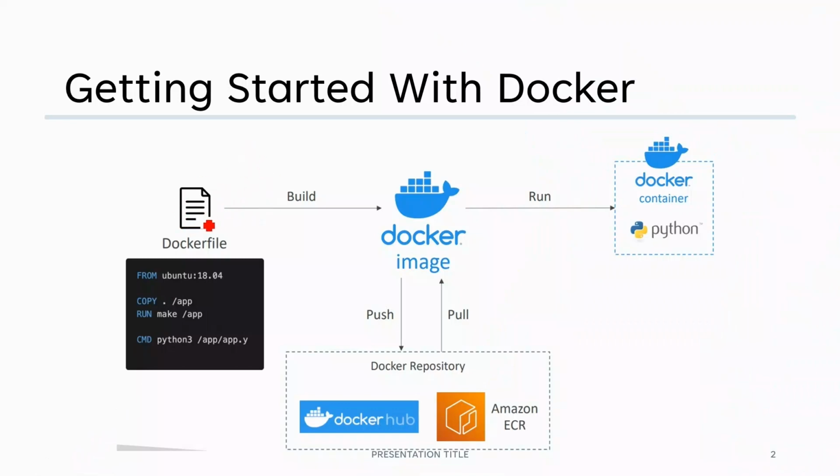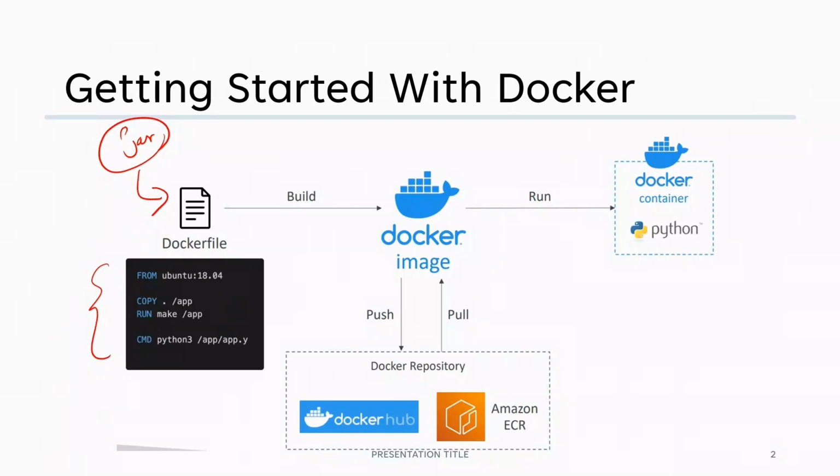So this is how the normal Docker flow happens, right? You have an app, for example, a jar file, and you create a Dockerfile for that jar where you specify all of the configurations, like the working directory and the commands to run that particular jar file.